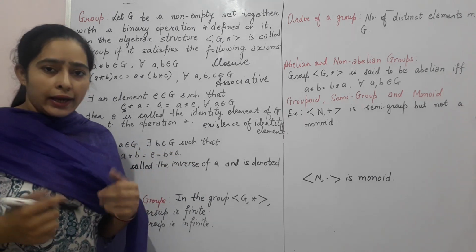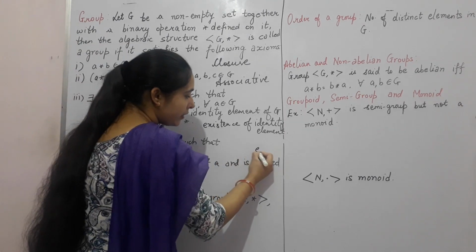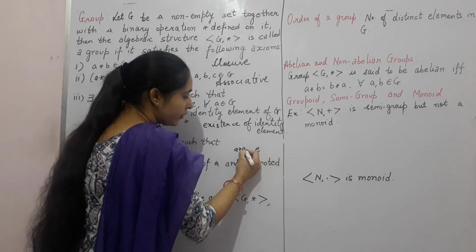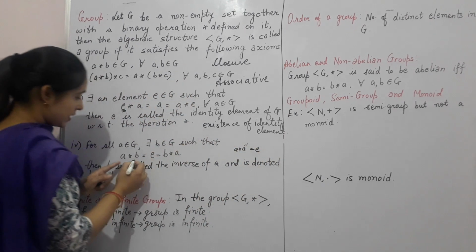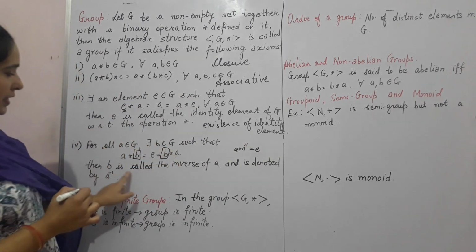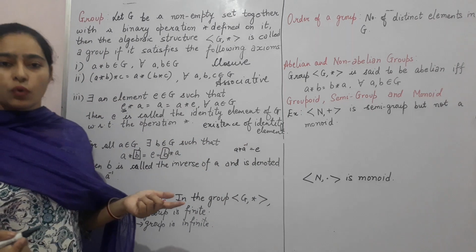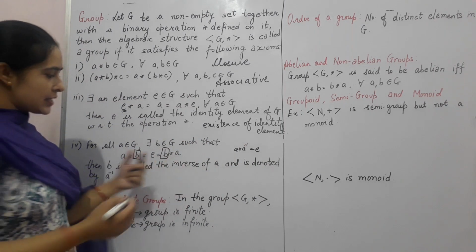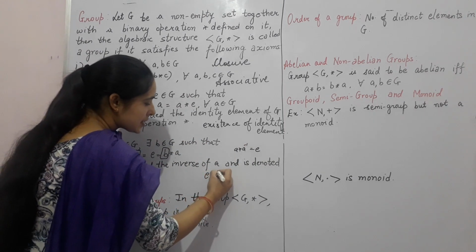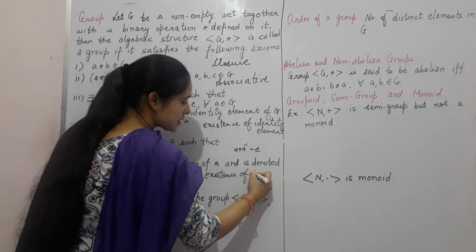And we all know that when an element is operated with its inverse the answer is identity. That means this b will play the role of inverse. Then b is called the inverse of a and is denoted by a inverse. This property is known as existence of inverse.